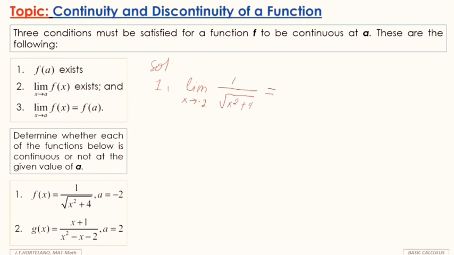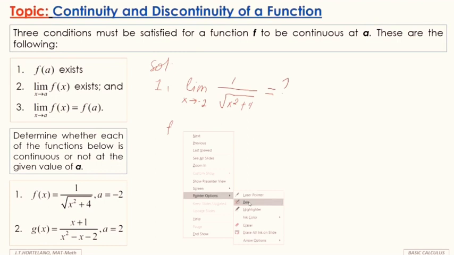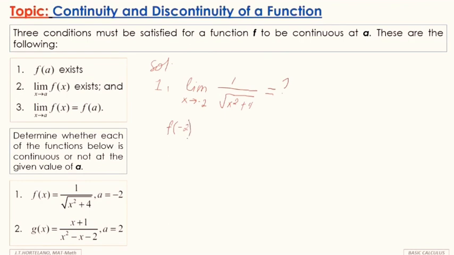First is find f of a. So it should be f of negative 2.